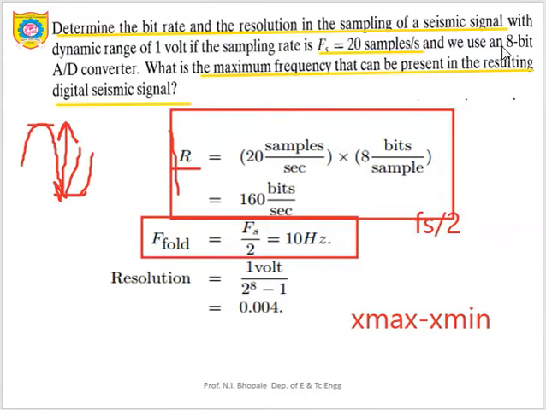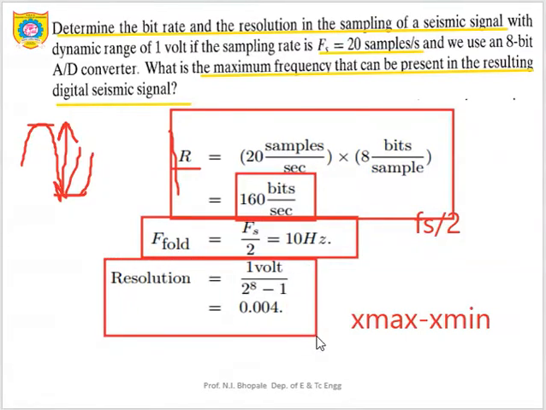So simply multiplying 20 into 8, that is 20 samples per second and 8 bits per sample, that will give me 160 bits per second, which is the bit rate. So this is how the bit rate can be calculated, and this is how the resolution of the ADC can be calculated. So these are the figures.